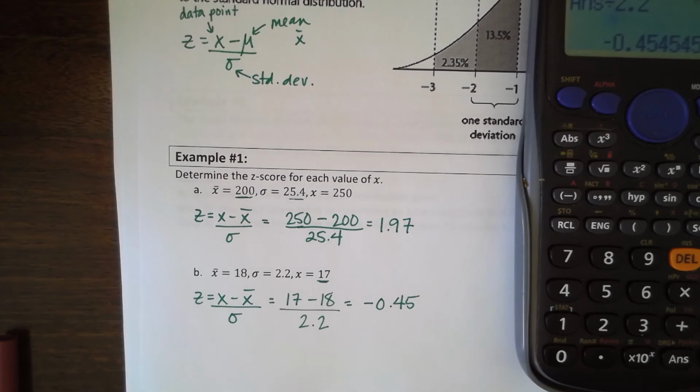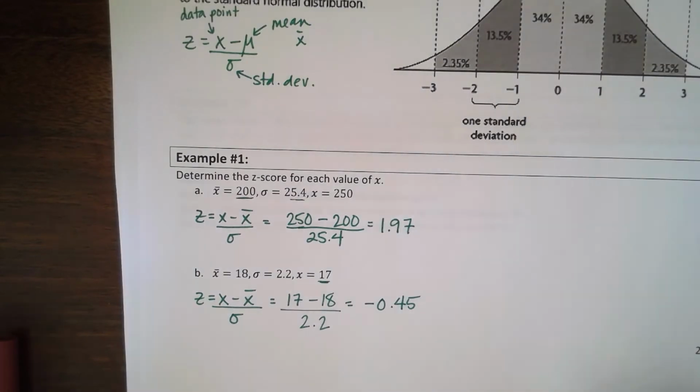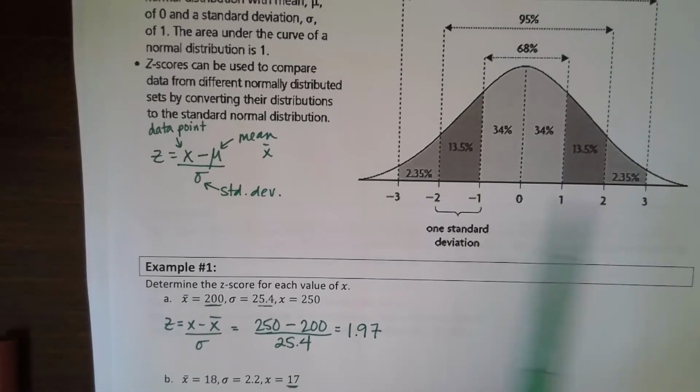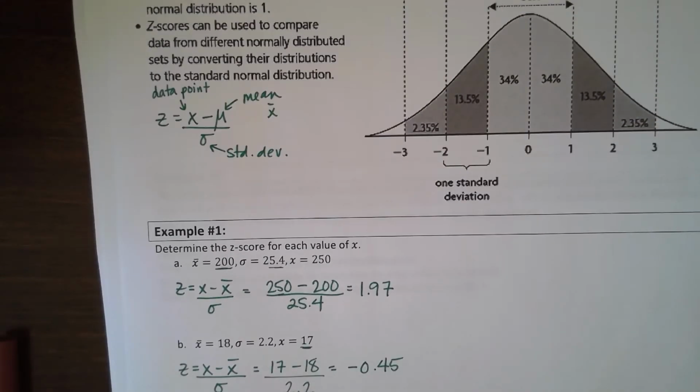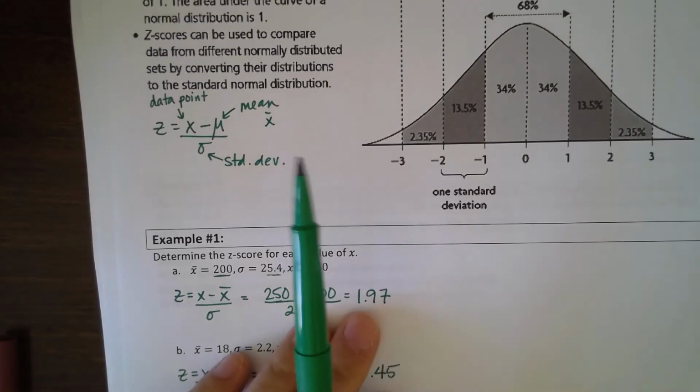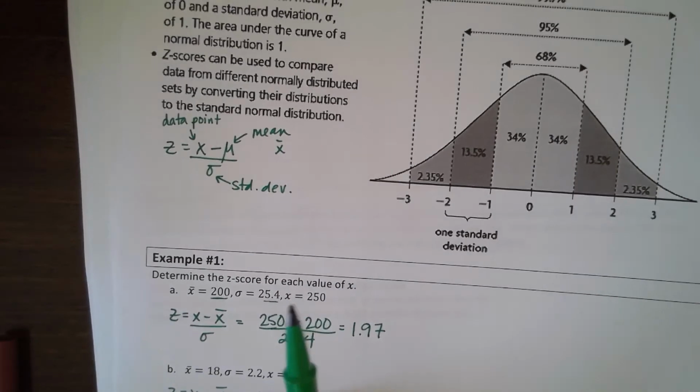That's what those z-scores represent. They're not just numbers, they're telling us how many standard deviations we are away from the mean in our standard normal curve. So we need to be able to calculate a z-score. We'll talk about how to use that in a problem a little bit later.